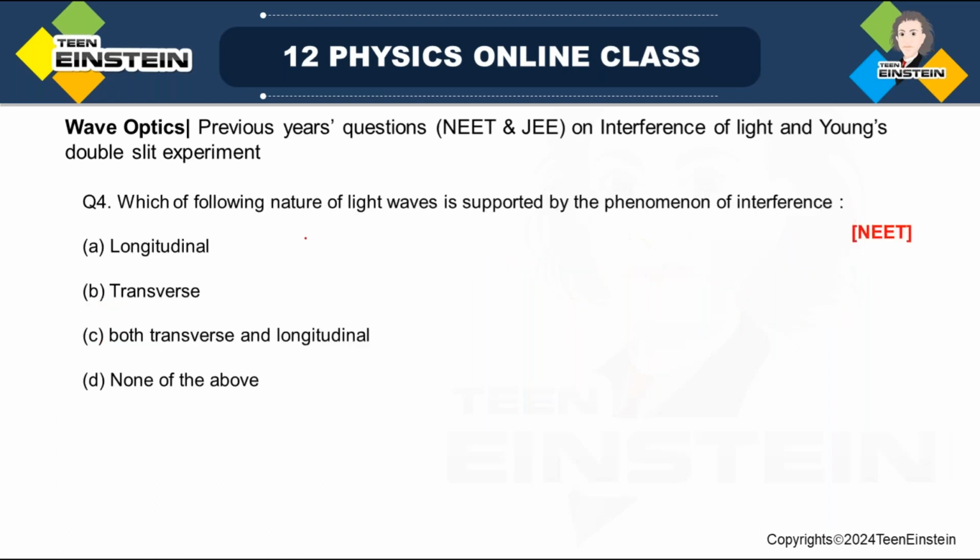This is not a problem, but anyway, these are analytical questions. Which of the following nature of the light is supported by interference? So I'll repeat the question.